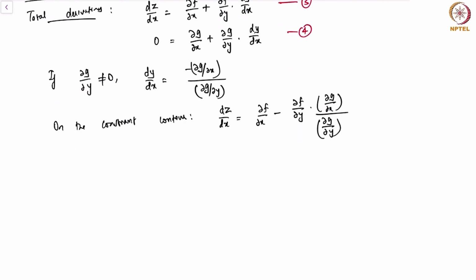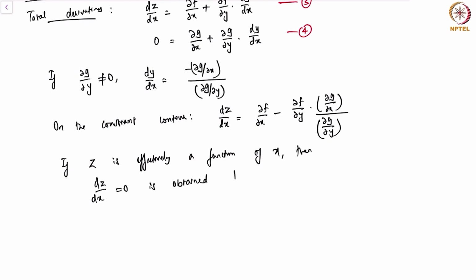Now, this quantity, we have already said that z is equal to f of x comma y, which is effectively only a function of x that we want. So the solution to our problem, if z is effectively a function of x, then dz by dx equal to 0 is obtained by solving the following equation.